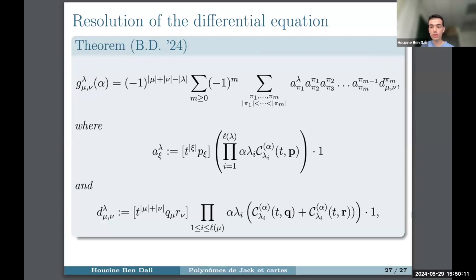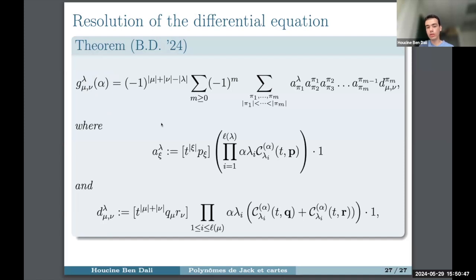And what we have in the right-hand side is some coefficients a, which have some differential definition. So they are defined with this differential operator c. But what is more interesting is that we know that the operators c construct maps. So these coefficients a and the coefficients d also have a combinatorial interpretation in terms of non-orientable maps with non-orientability weight. Except that this formula, as you can see, has a lot of signs. So this does not imply, at least not directly, the fact that the g are positive in the parameter b.